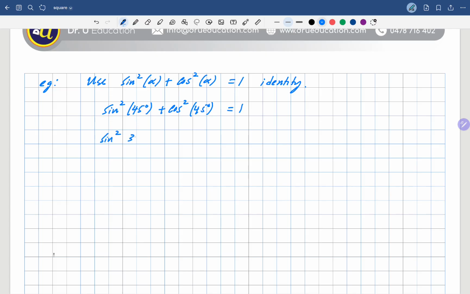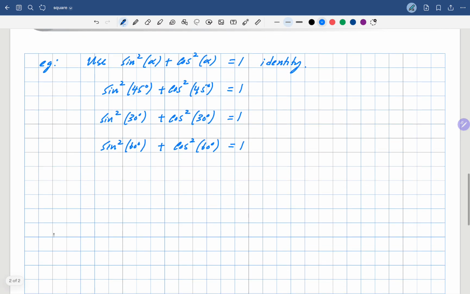Sine squared 30 degrees plus cos squared 30 degrees also 1. Similarly, sine squared 60 degrees plus cos squared 60 degrees also 1. Right? So the lesson is, doesn't matter what angle you put here, this relation will give you 1 as the output.